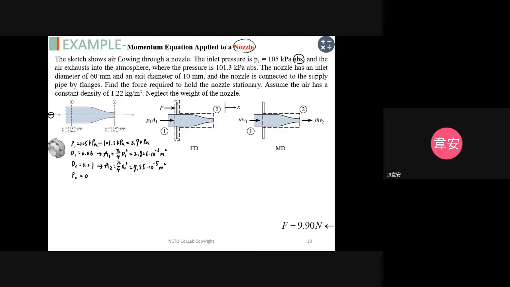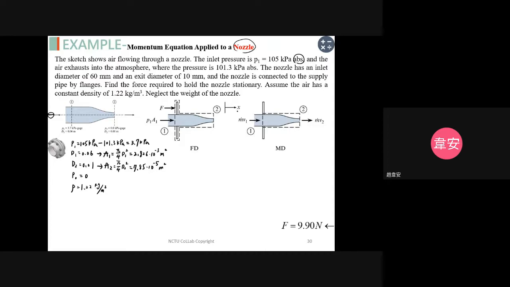If the flange holding the pipe doesn't move, please find the force required to hold the nozzle stationary. Assume the air has a constant density of 1.22 kilograms per cubic meter, and neglect the weight of the nozzle.